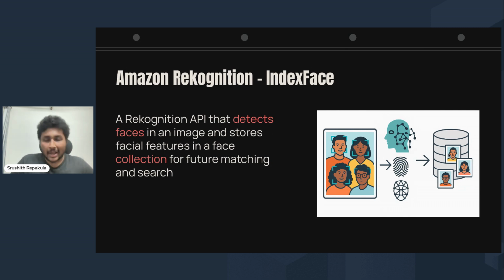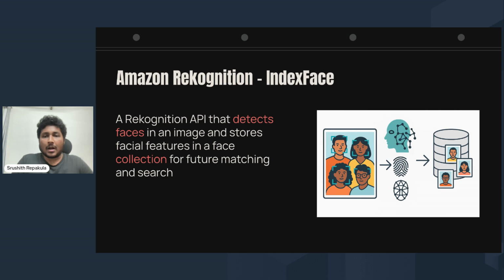So what is a collection? I'll get to that in a minute. Here is the image with 4 people identified, and this is the Rekognition. It identifies the facial features, and each face is assigned something called a face ID, and that face ID is what is actually stored in the collection.